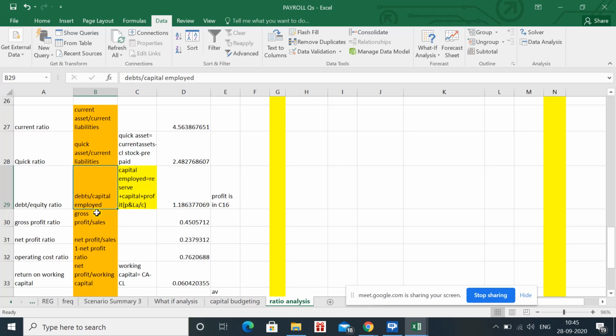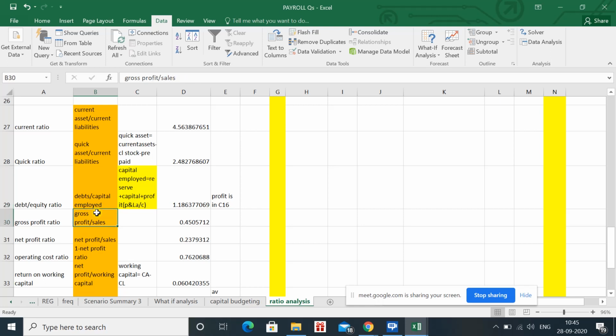And for capital employed, you will take all the reserve and surplus plus profit which you have transferred in the balance sheet plus the capital you have given in the business. So capital which you have in the balance sheet, reserve and surplus, plus profit transferred to the balance sheet. We will add these three things to get the capital employed.